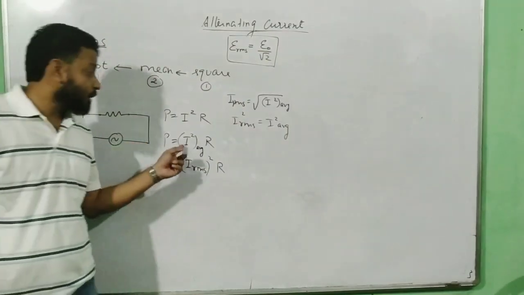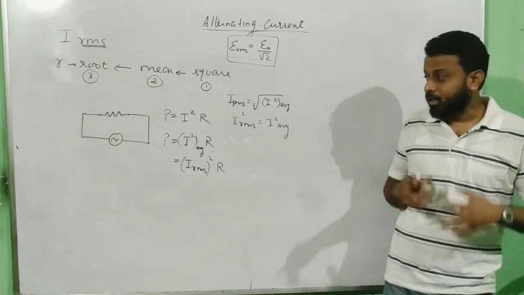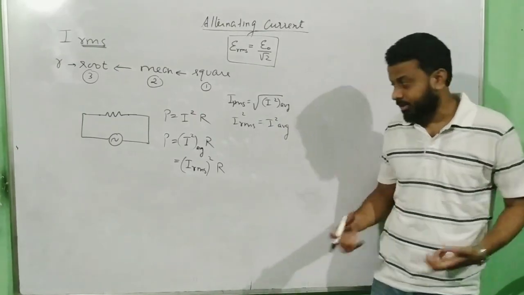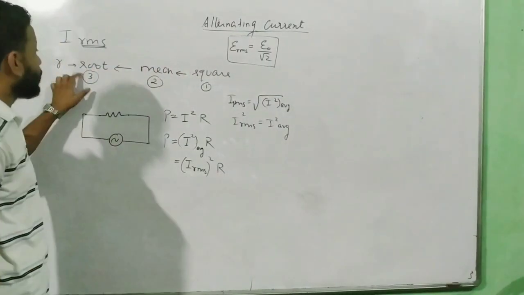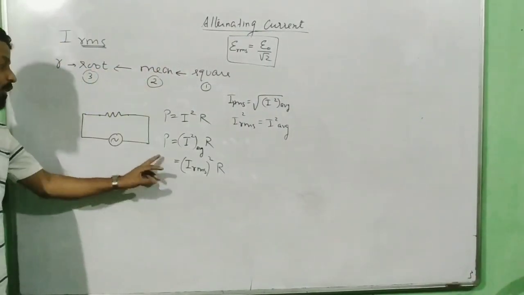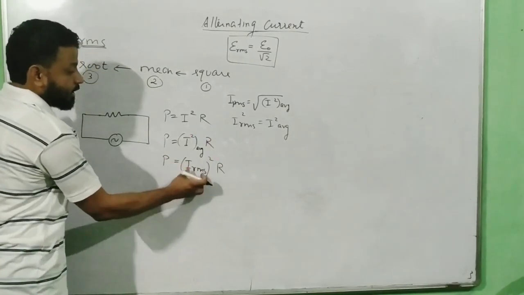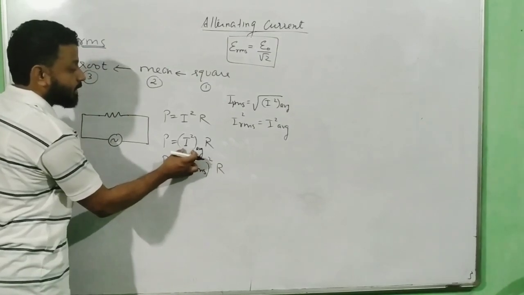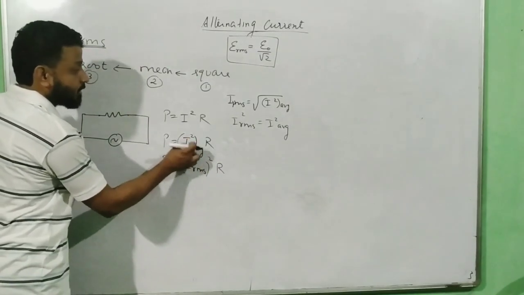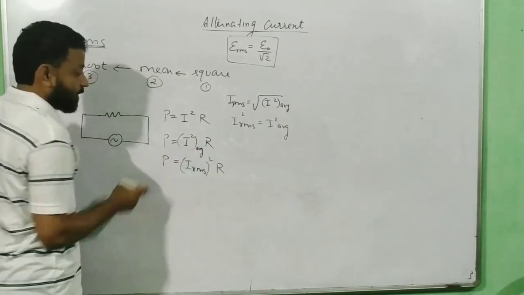It sounds bad to say I square average, I square average every time, so we use another word, RMS. RMS is the root of the mean value. So when you want to find the power, you just put in the RMS current and square it. Basically, you have taken the concept of I square average. This is what you will get.